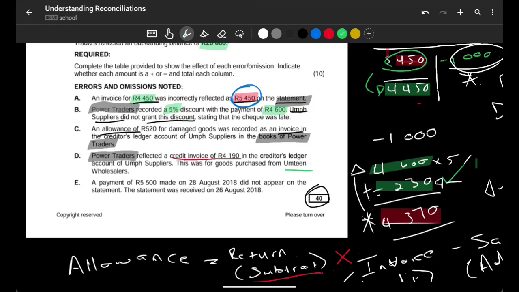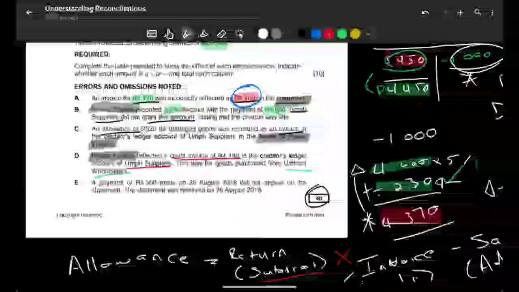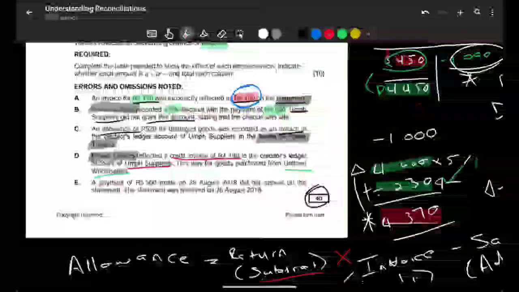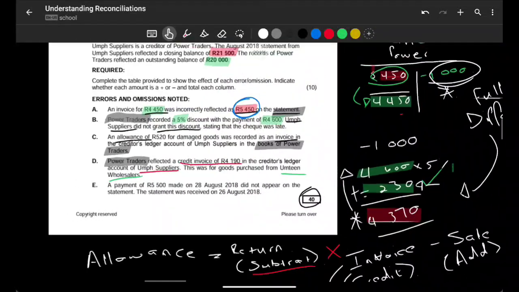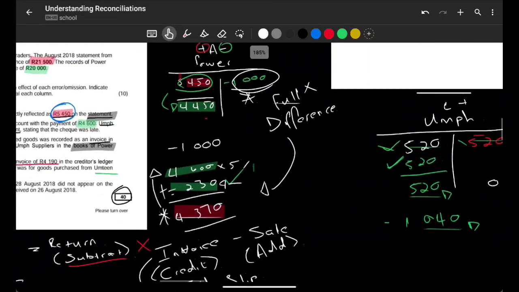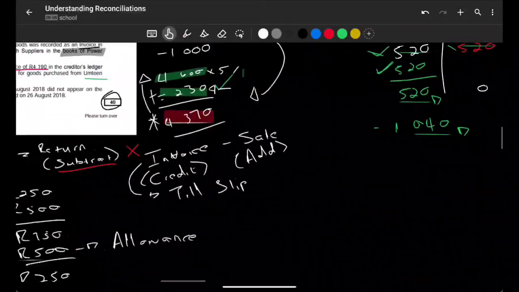Umteen Wholesalers is the correct account, but we incorrectly did it to Suppliers. So what we're gonna do now is, first, there's also two parts to this, but because, like I said, this question paper is straightforward, we don't have to do the second part, right?